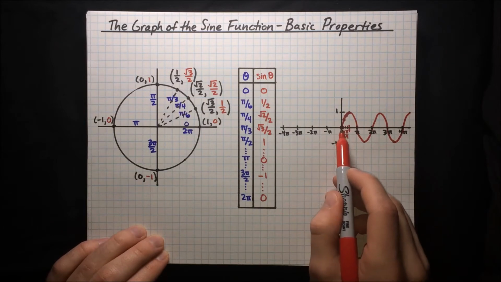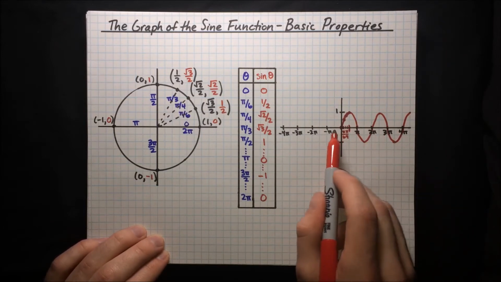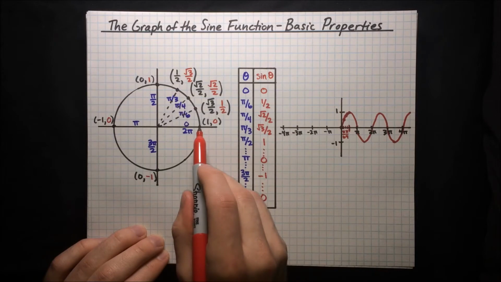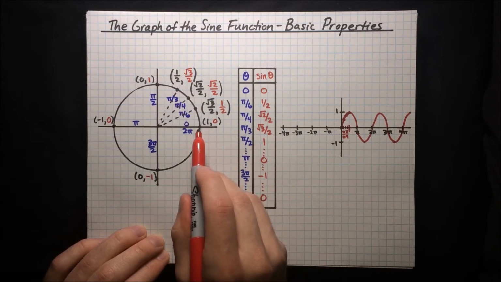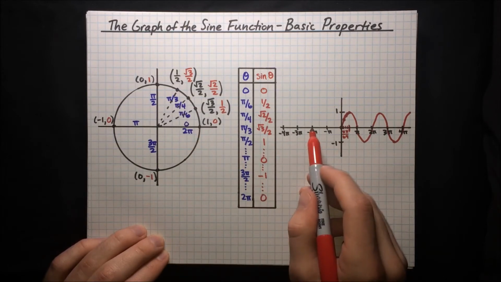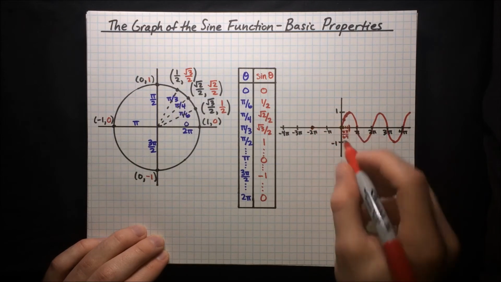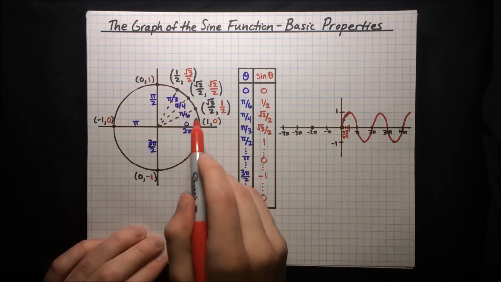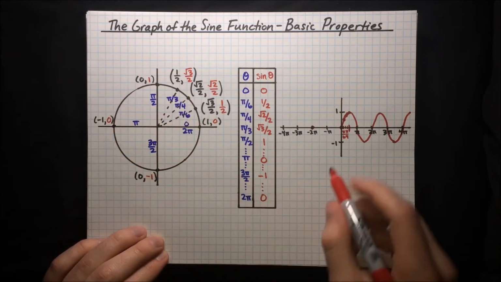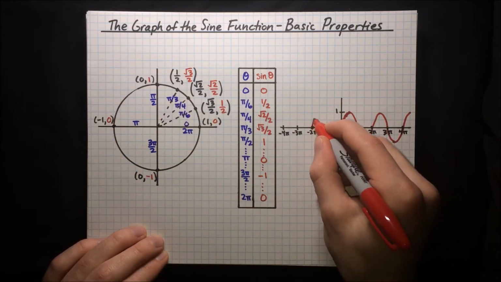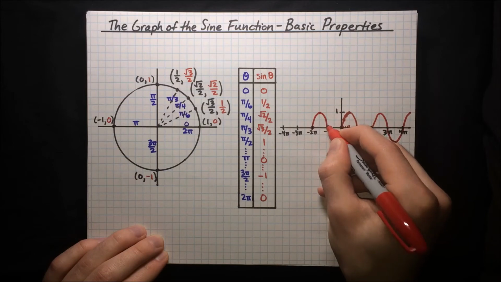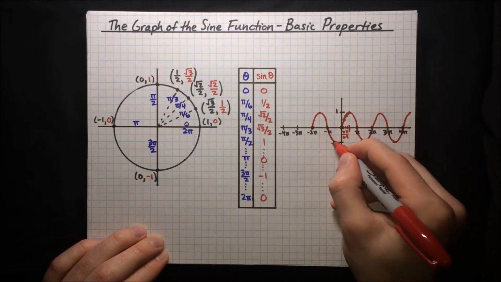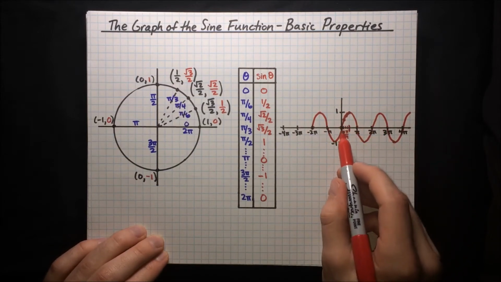Alright, so likewise, it's also repeating itself on the negative side. 0 is the same as -2 pi. So at -2 pi, we're starting out at 0, and we're doing the same kind of thing, going around to -pi, and then around to 0. So let's go up, down, down, up. So that's repeating itself.